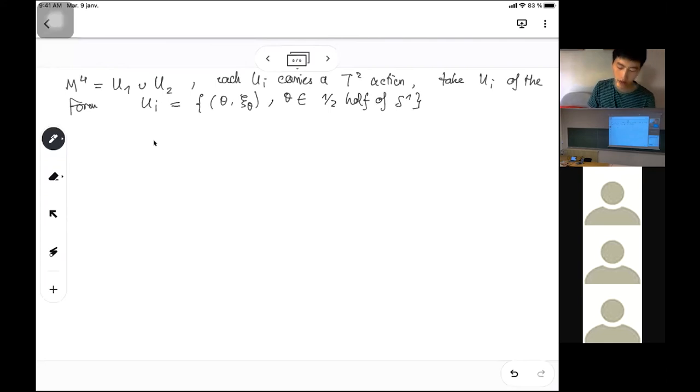In fact, you need to take a slightly larger open set, but morally, this is what you're doing.